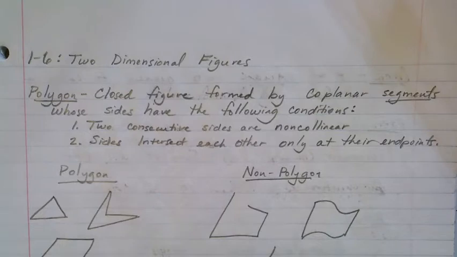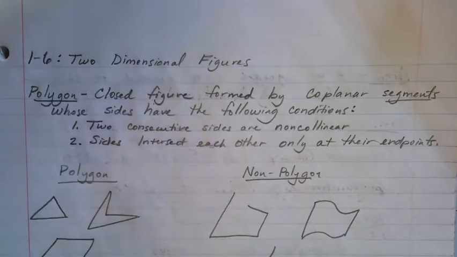They have to have a kink in them, a bend in them, which forms the vertex of the polygon, and you guys have told me you know what a vertex is. The second condition is that the sides intersect each other only at their endpoints. So you should be able to clearly identify how many sides the polygon that you're looking at has.